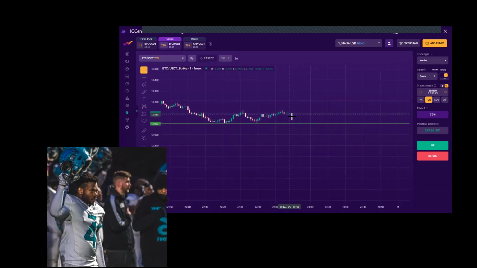And I just wait for price to touch back down on this line somewhere around here, let's see if I can mark it for you. So I'm waiting for price to hit down here, and it most likely will do it within 50 minutes.